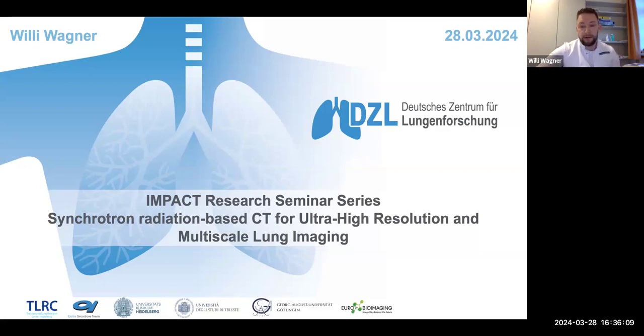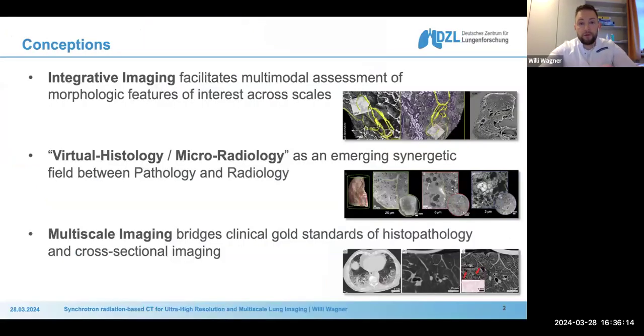We will start off in the talk with a little overview about the concepts that we strive for. One goal is to integrate different imaging modalities in order to gain a maximum understanding of lung pathologies.